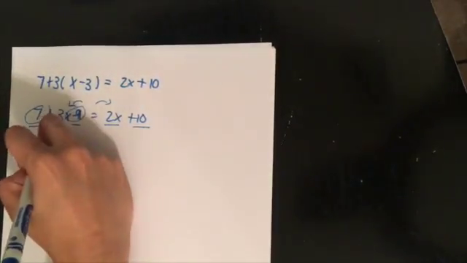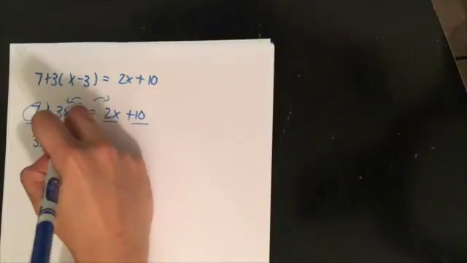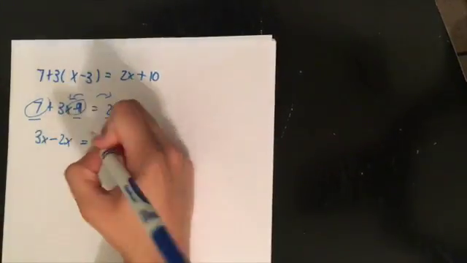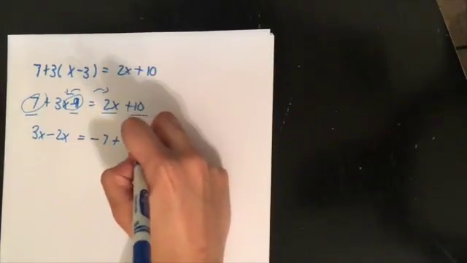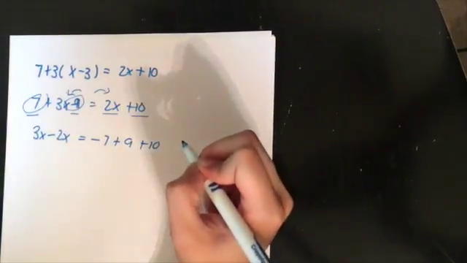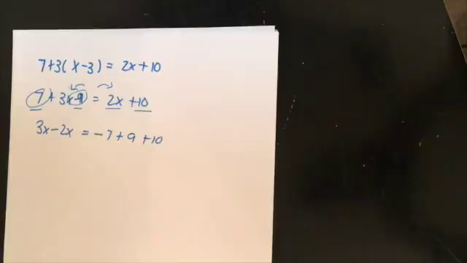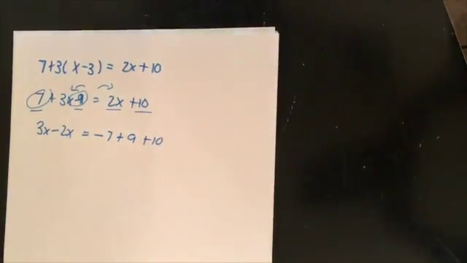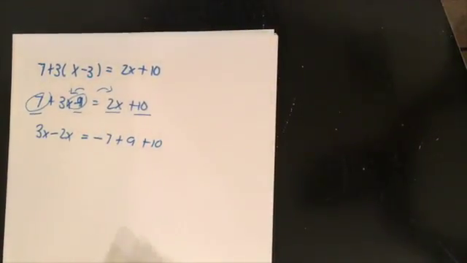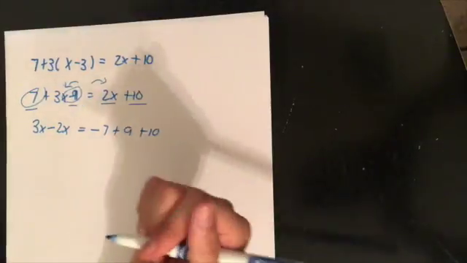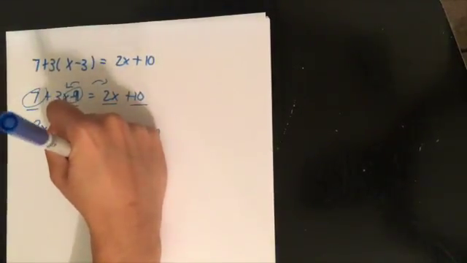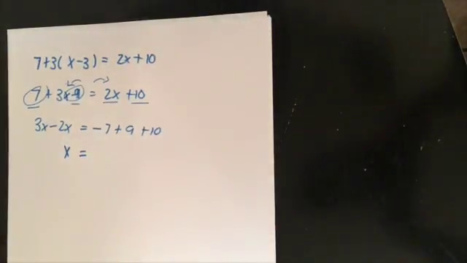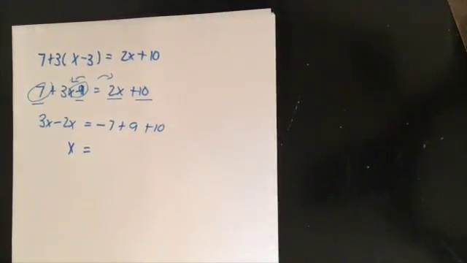So you're going to have 3x minus 2x is equal to negative 7 plus 9 plus 10. So then you're going to combine like terms, and you're going to have x is equal to 12.